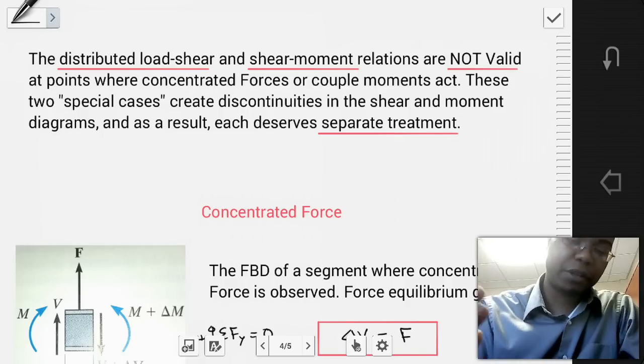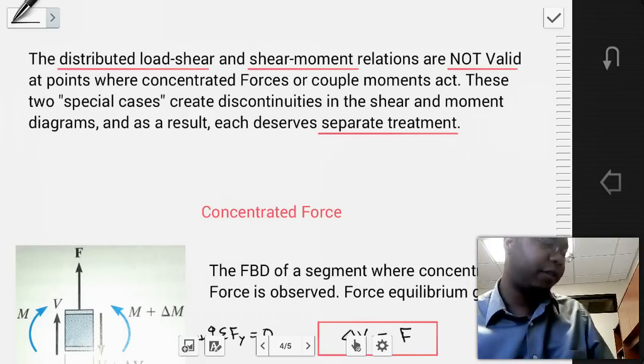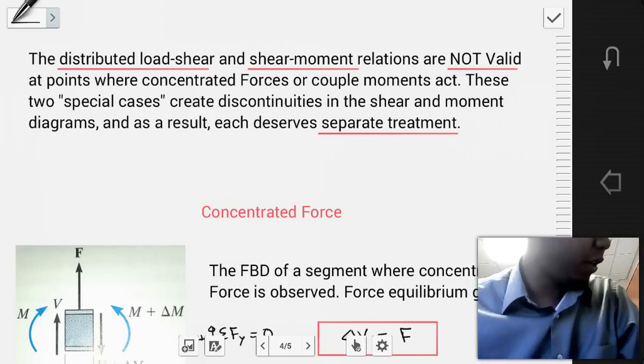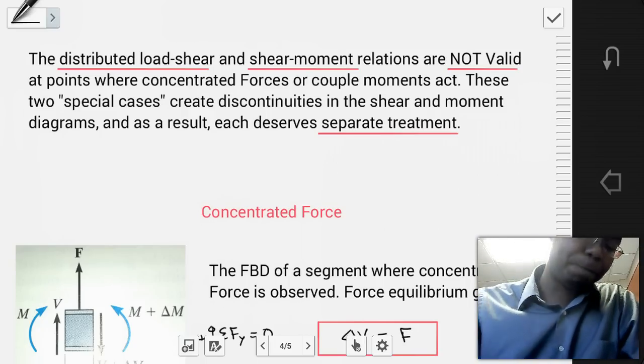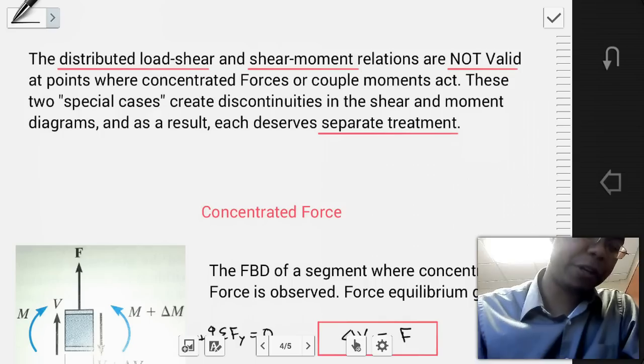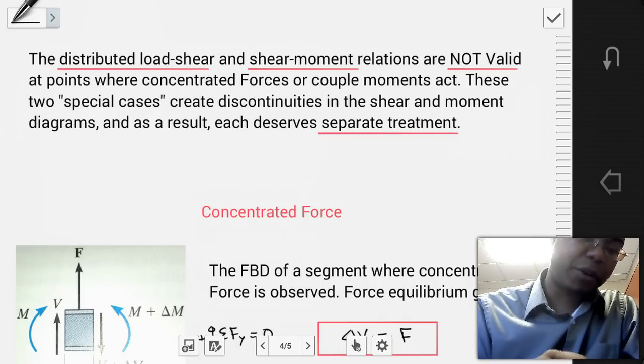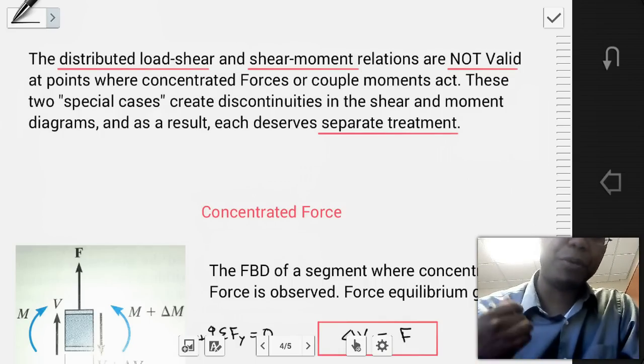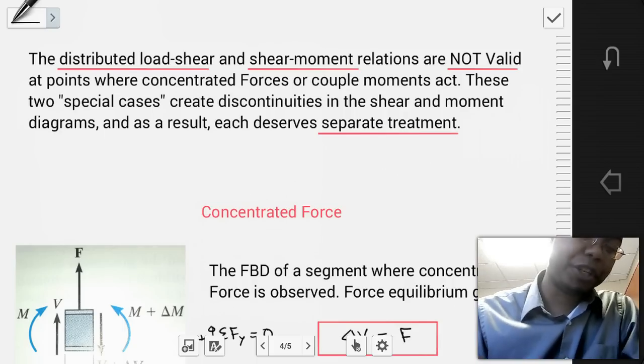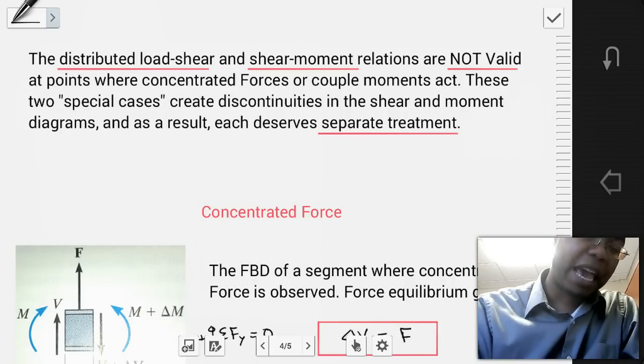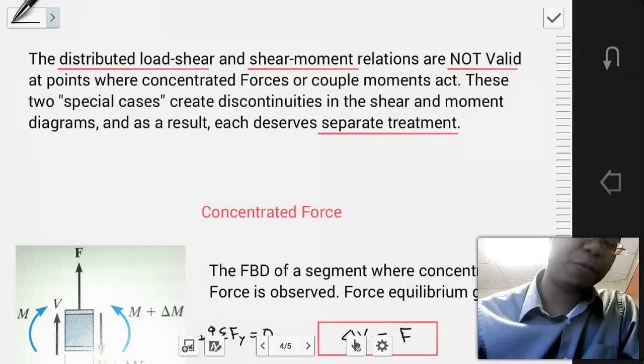So now let's go into some peculiar things that happen with these equations. The distributed load shear and the distributed load shear moment relationships that we just found are not valid at points where we have concentrated forces or coupled moments acting.